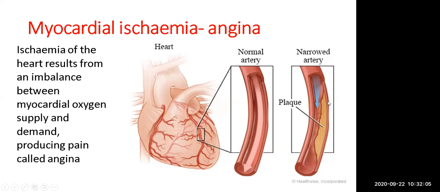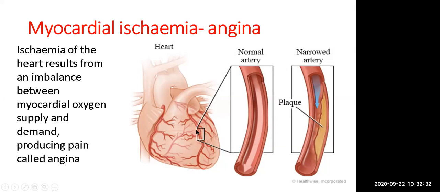So look at this. Something starts to grow in the layers of the vessel, and how will the blood flow through this? Of course, blood cannot flow normally and fast. It will have resistance, and that's why it cannot reach.